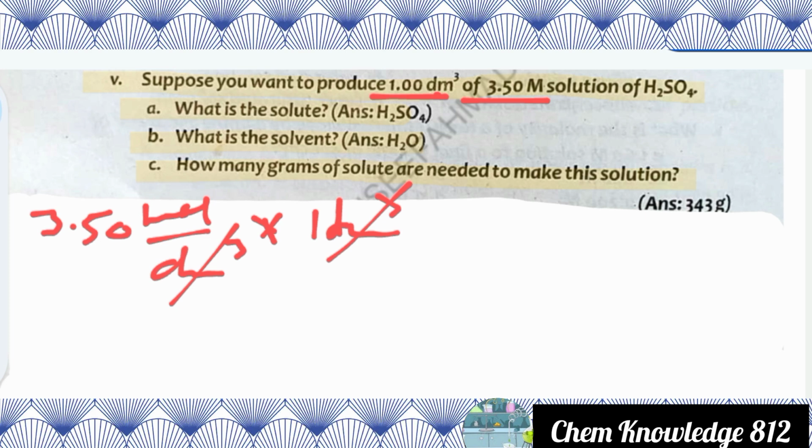And now we know that formula weight of sulfuric acid is 98 gram per mole.